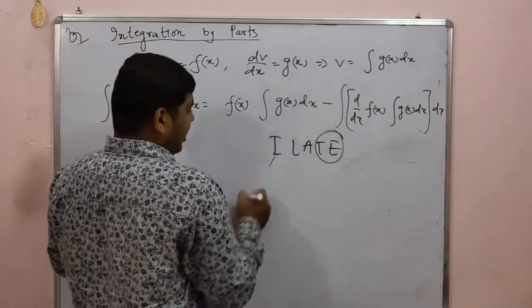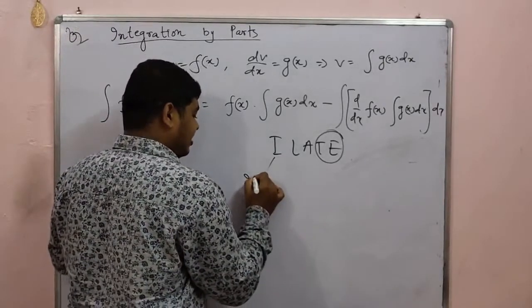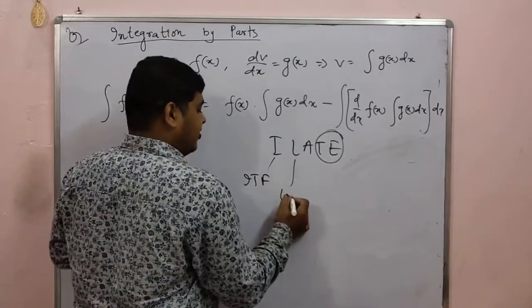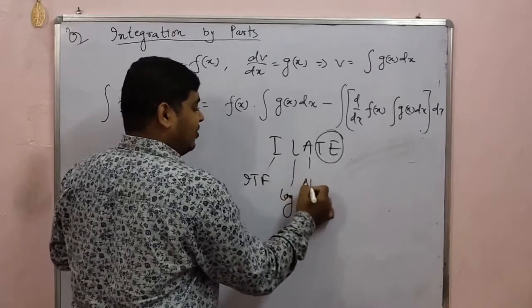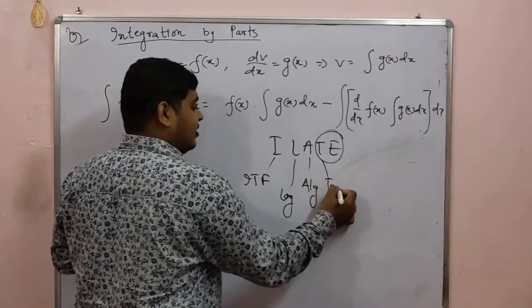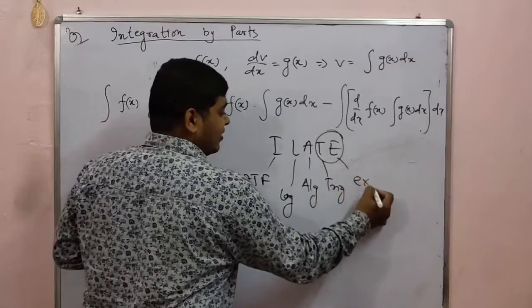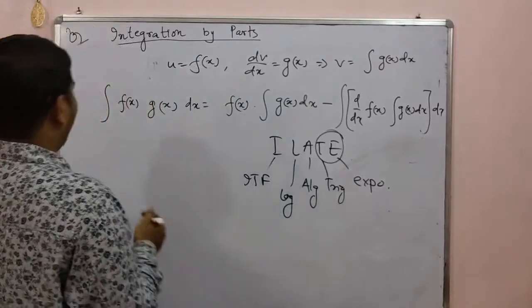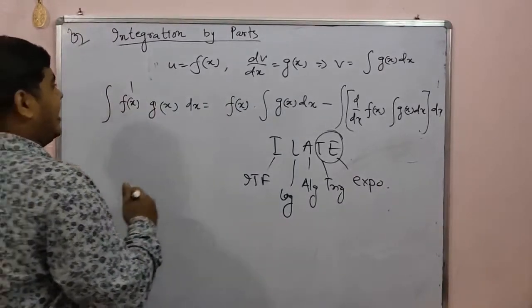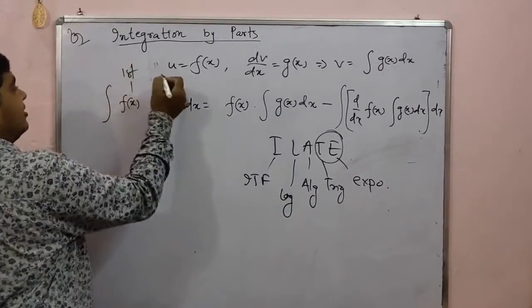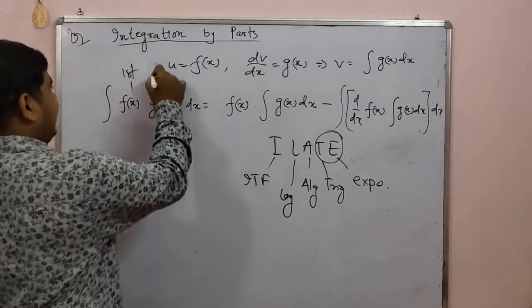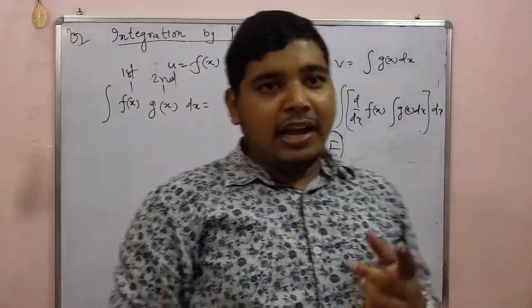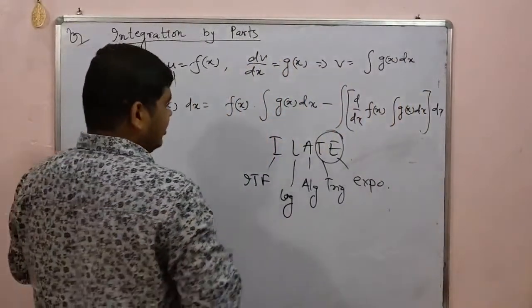Here I is the inverse trigonometric function, L is the logarithmic function, A is the algebraic function, T is the trigonometric function and E is the exponential function. We take the first function as f of x and the second function as g of x.